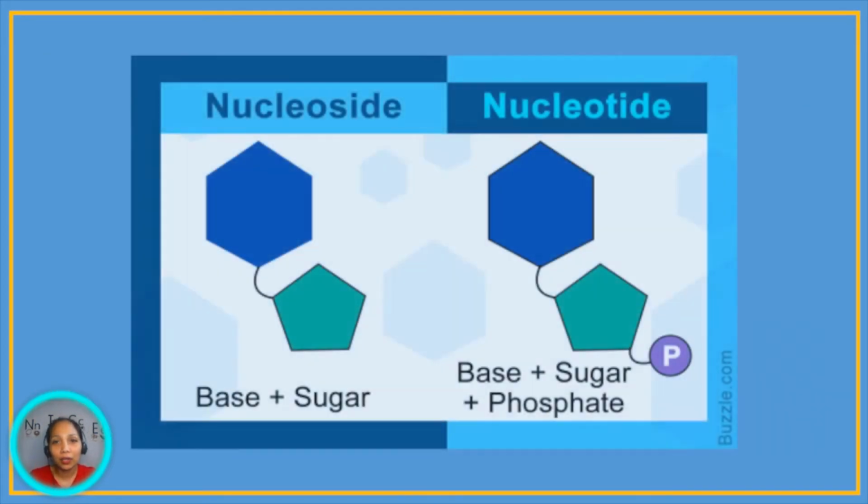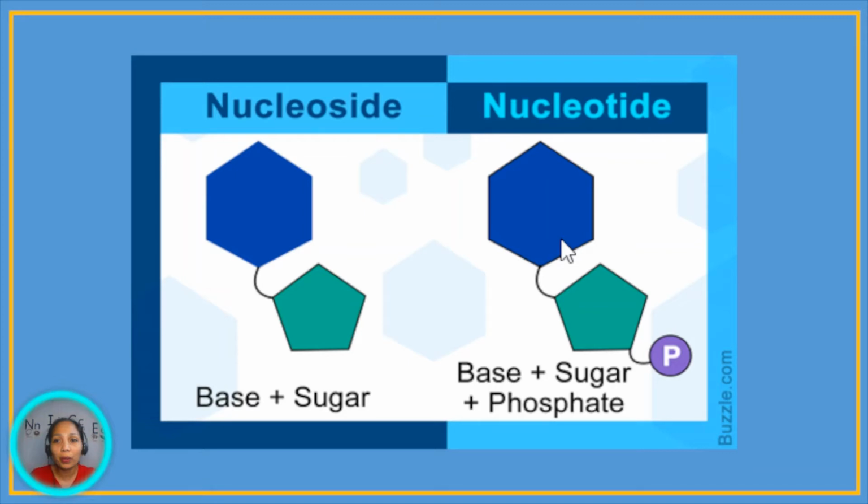So therefore, a nucleoside contains a nitrogenous base and a sugar, while a nucleotide, which is the monomeric unit of the nucleic acid, has 3 components. We have the nitrogenous base, the phosphate group, and the sugar.